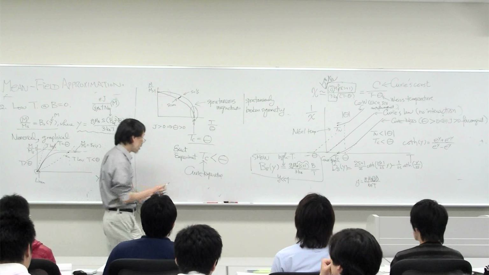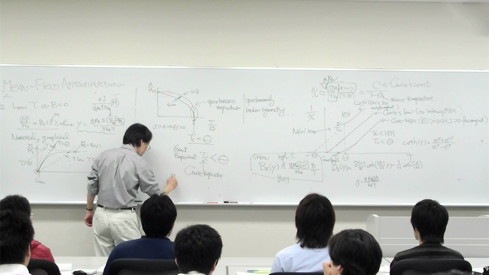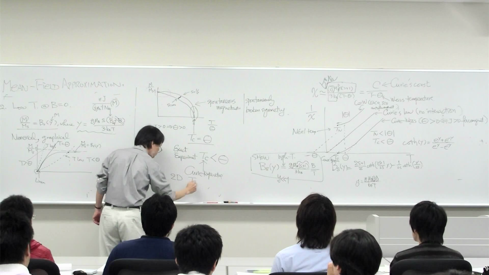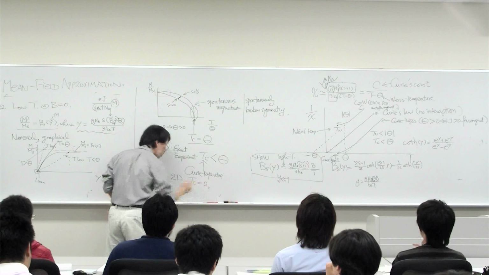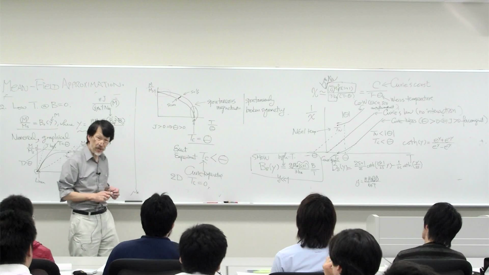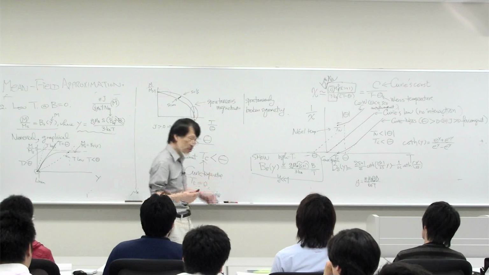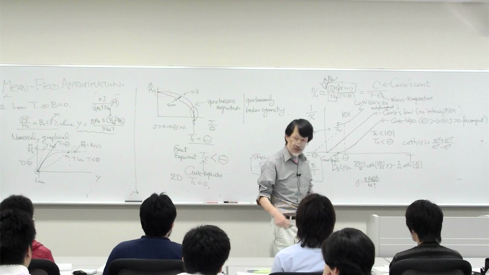And you can show if the system is two-dimensional, then T sub C is 0. Okay? Whereas theta is not 0. Therefore, I told you the mean field approximation is pretty bad in 2 dimensions.